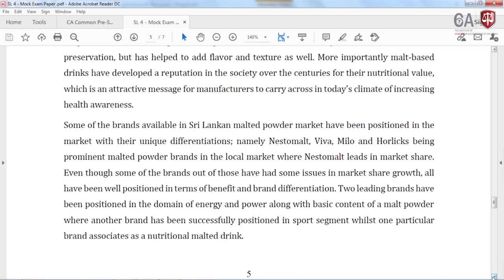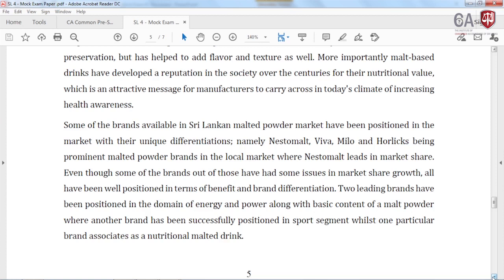Namely Nesta Malt, Viva, Milo and Horlicks are the prominent malted powder brands in the local market, where Nesta Malt leads in market share. Even though some of these brands have had some issues in market share growth, all have been well positioned in terms of benefit and brand differentiation.